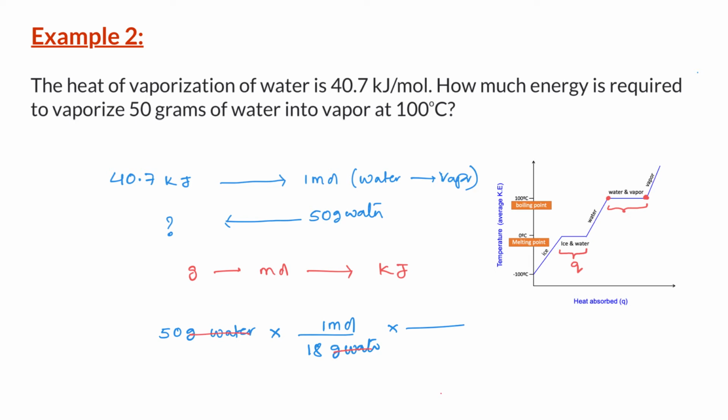Next, we multiply it with a conversion factor that converts moles of water into kilojoules of heat. That is 40.7 kilojoules of heat per every mole of water. If we do the math, we would get 113 kilojoules of heat required to convert 50 grams of water into vapor at 100 degrees Celsius.